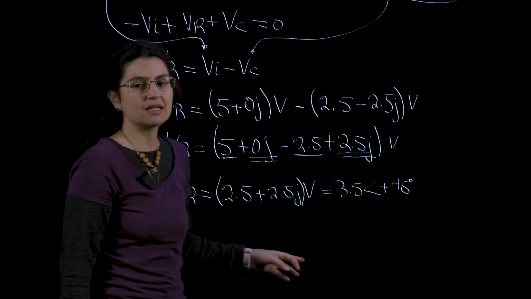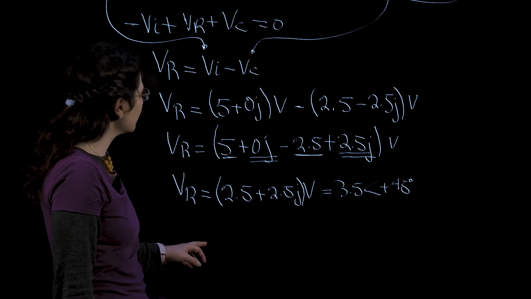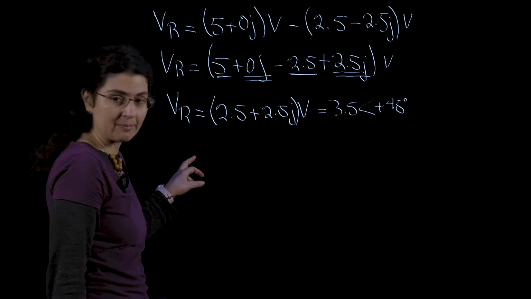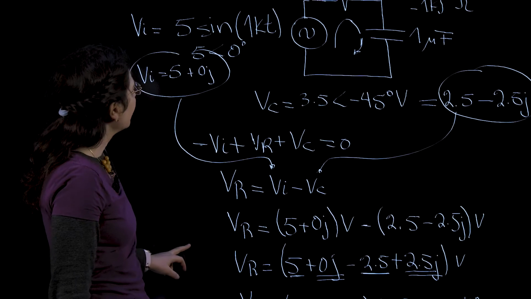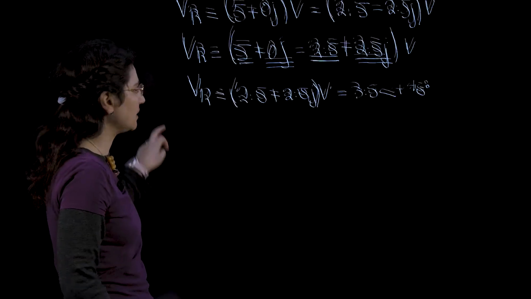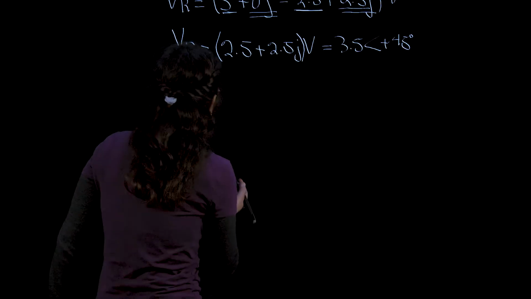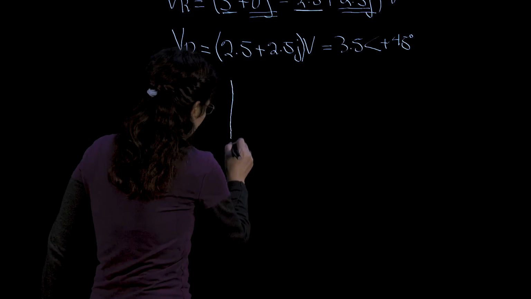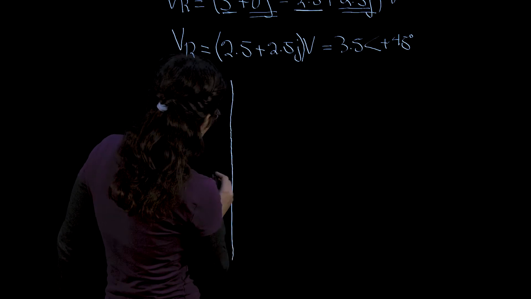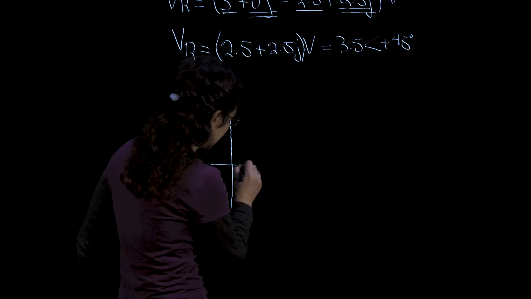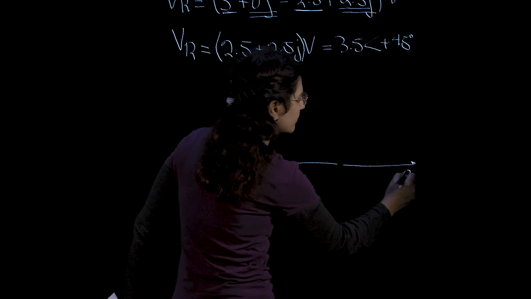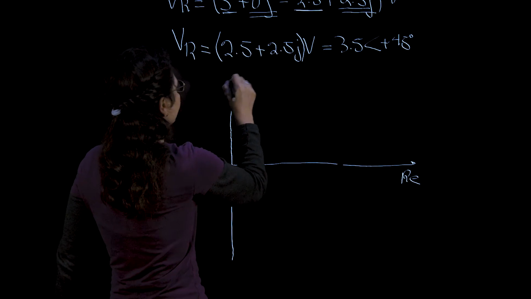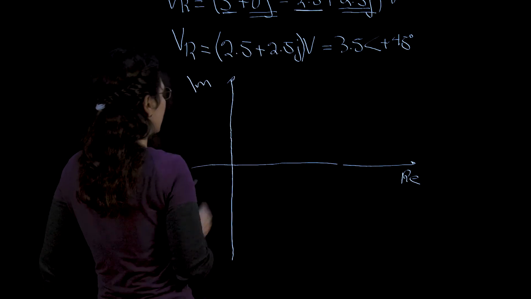So we can plot these in a phasor diagram, which will just plot these voltages in the complex plane. So our complex plane would look more or less like this. I have here the real part and here the imaginary part.